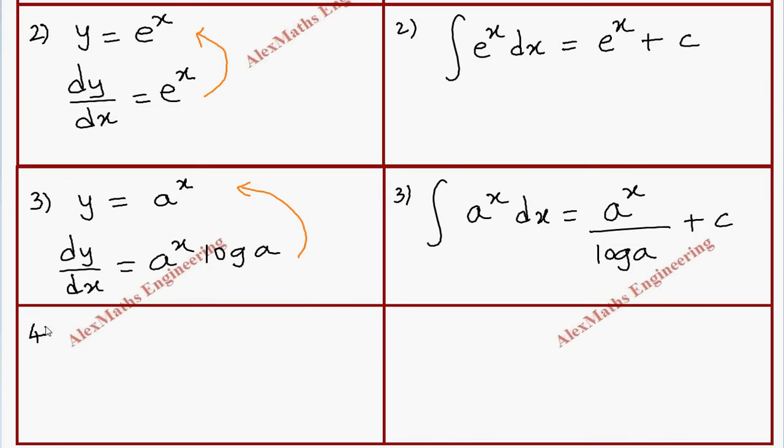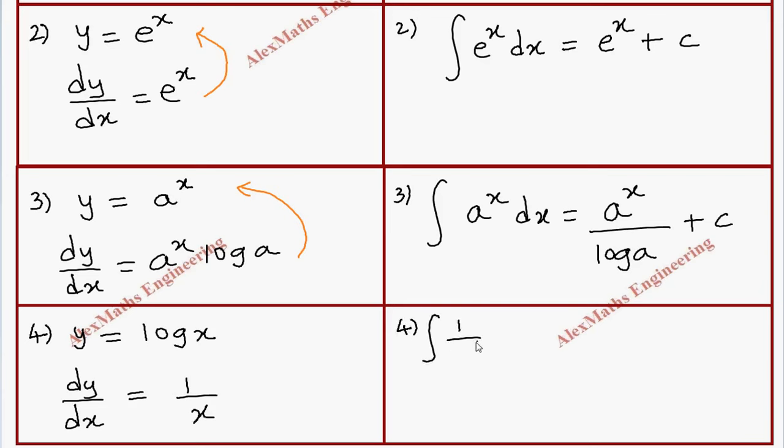Then the fourth formula, suppose y is log x, its differentiation dy by dx is equal to 1 by x. So now if I want the integration of 1 by x dx, we are going to apply the reverse of this. So this answer is going to be log x plus c.